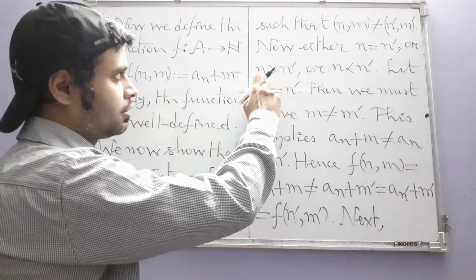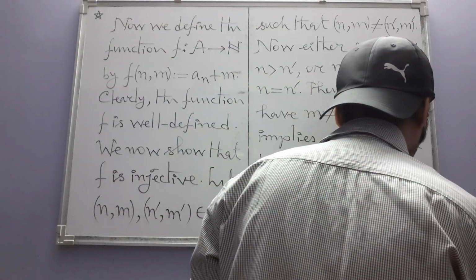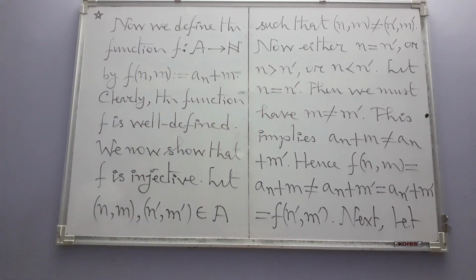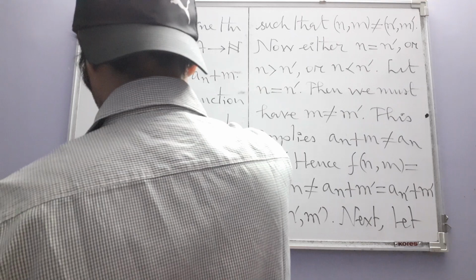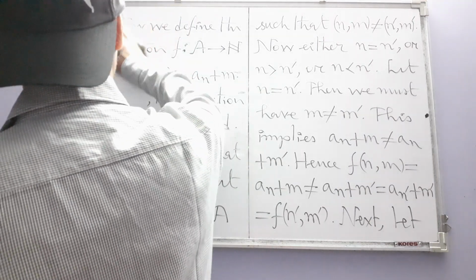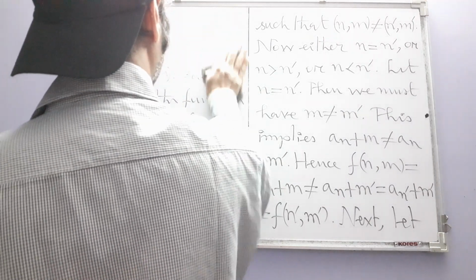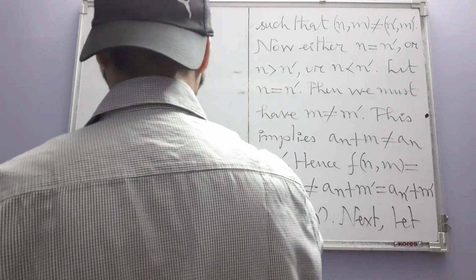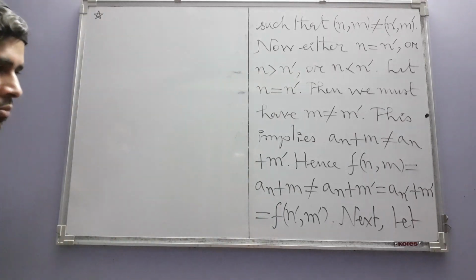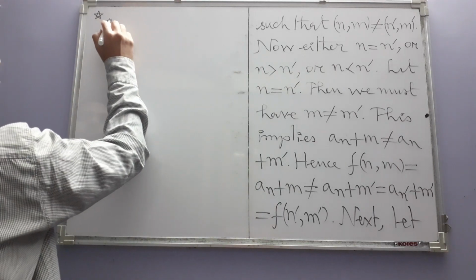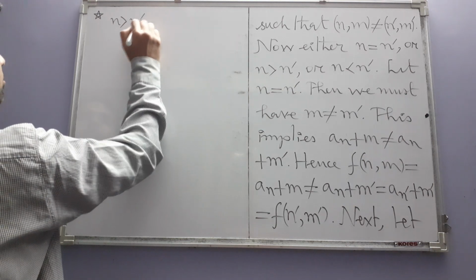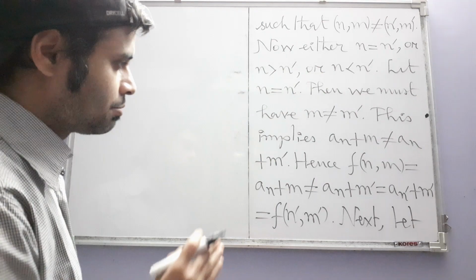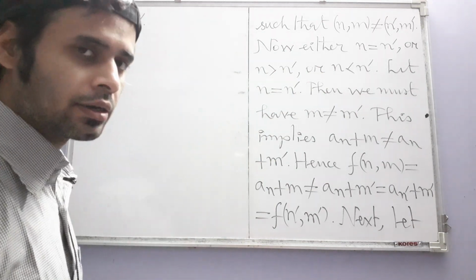Then we look at n greater than n prime. Let n be greater than n prime, keeping in mind that n and n prime are natural numbers.